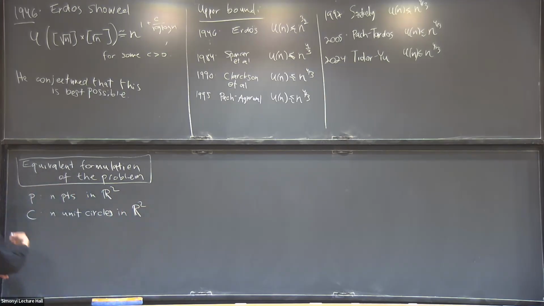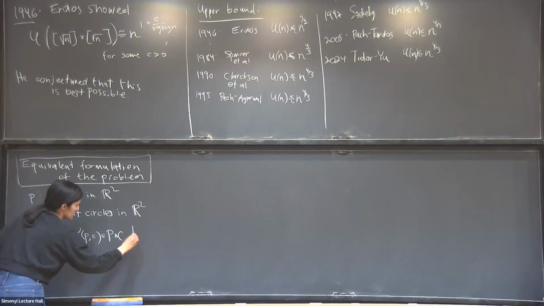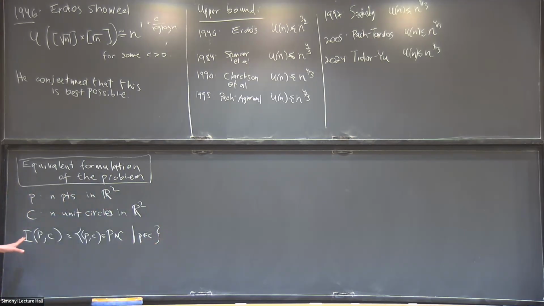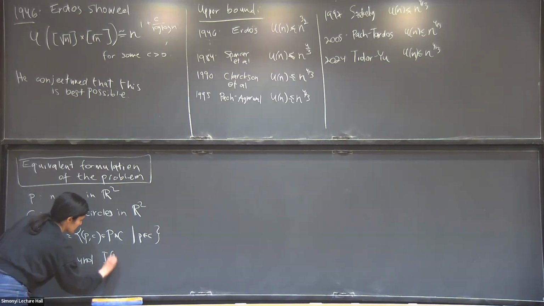And we consider the set of incidences I(P,C) of all pairs of a point from P and a circle from C, such that this point lies on the circle. The problem is to upper bound the number of incidences.